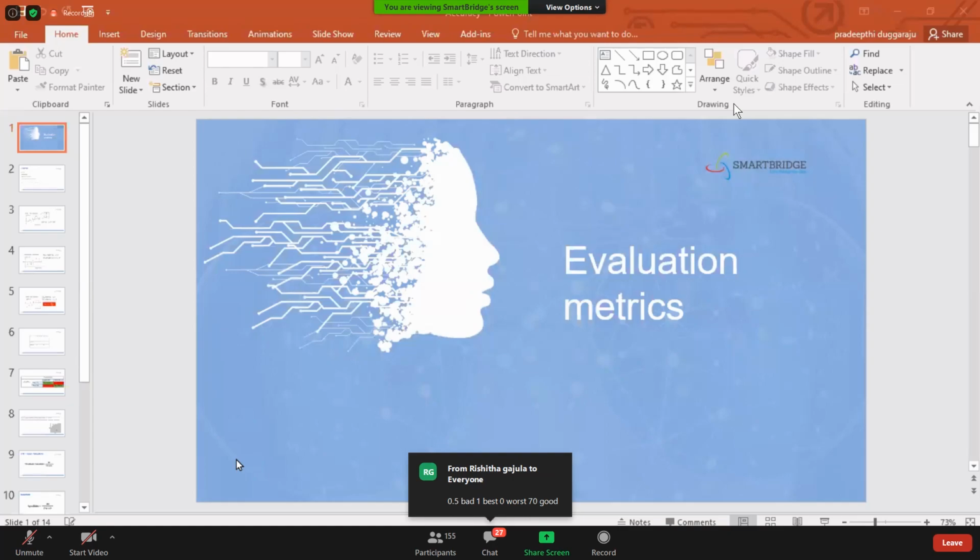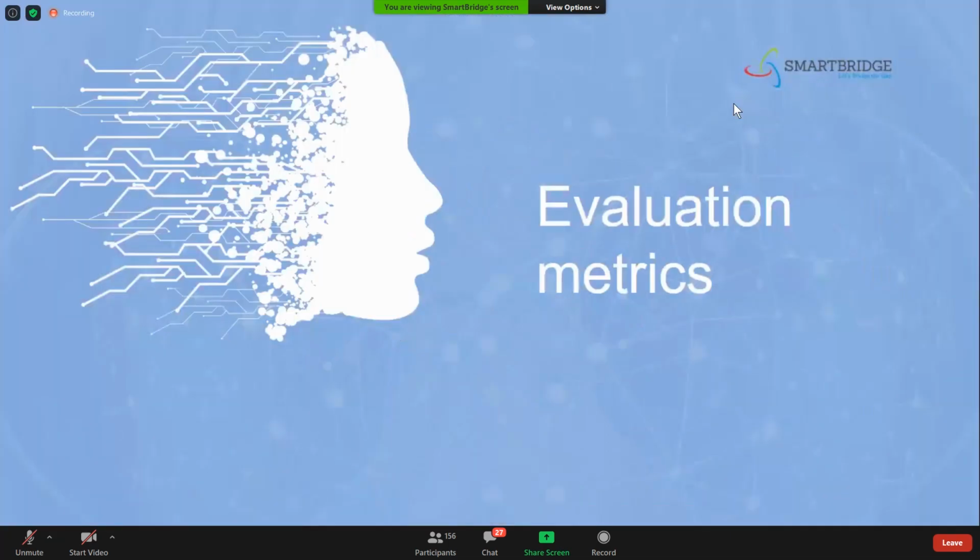So now let's see what are all these things. In this session, we will be talking about the evaluation metrics. So what are these evaluation metrics? Let's see. All right. So for regression, what is the type of accuracy that you're using? And for classification, what is the accuracy that we are using?